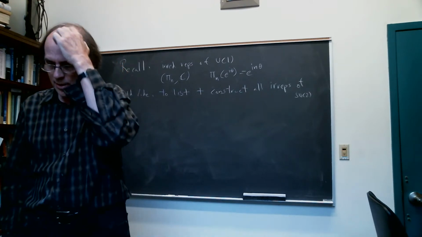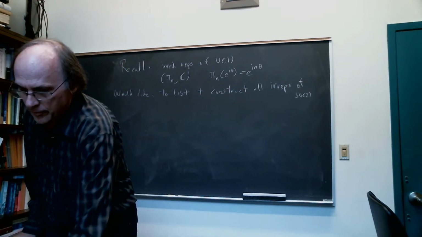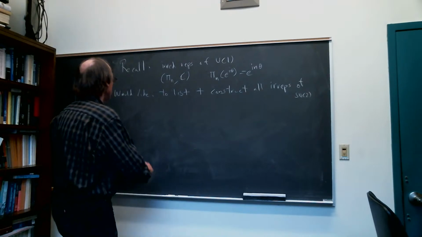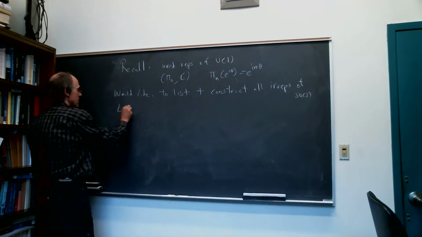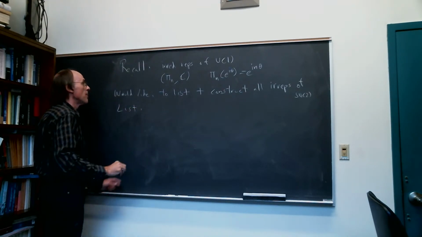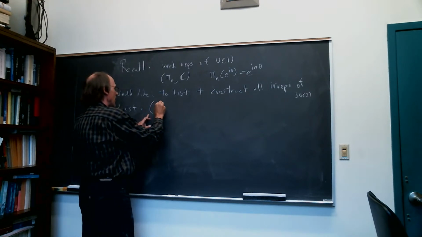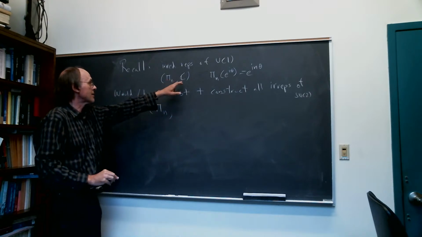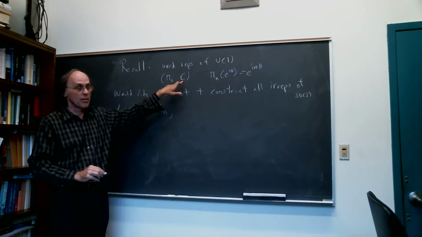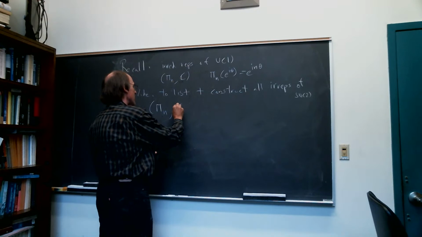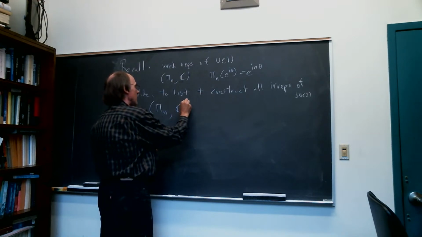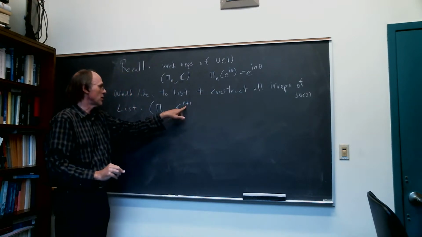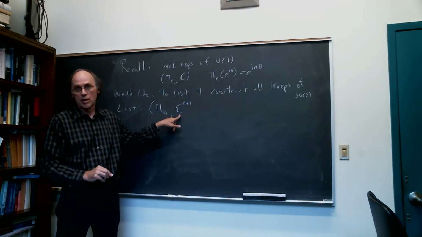Okay, and now let's say the answer. So the list is going to be pi n, and it's going to act not on one-dimensional representations, but on C to the n plus one, so on an n plus one dimensional space.